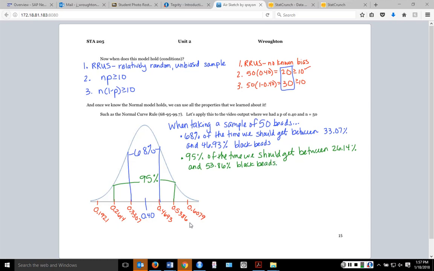Okay. Then finally, if I go out that third standard deviation, this is where we should get the 99.7%.